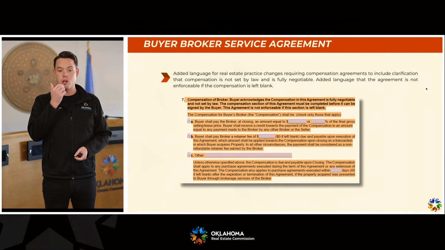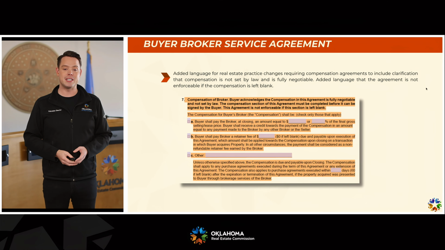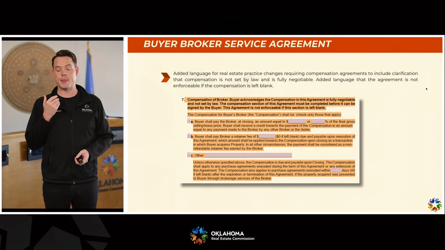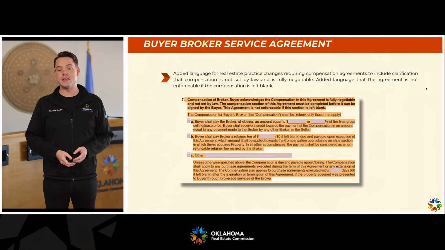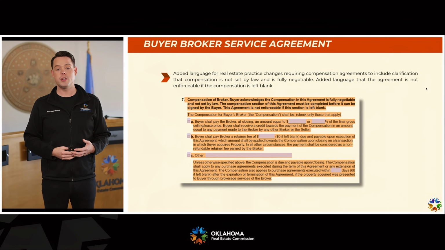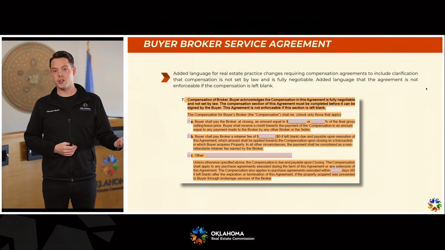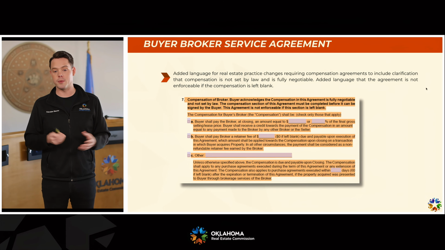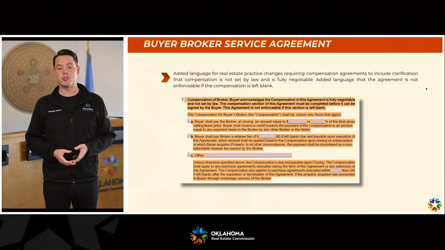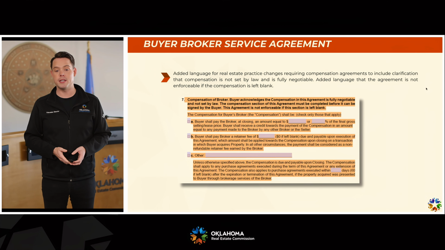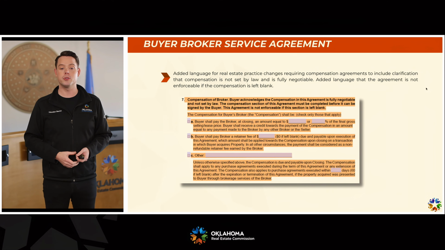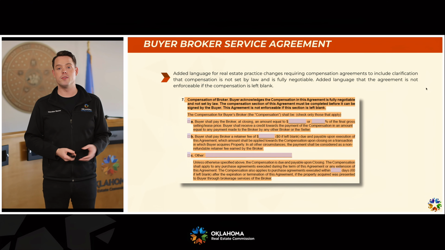Again, below paragraph 7C there, it does say that the compensation is enforced a certain number of days. So you can put 60 days there if you want. You can put a certain number of days after the expiration or termination of this agreement if the property acquired was presented to the buyer through brokerage services of the broker.